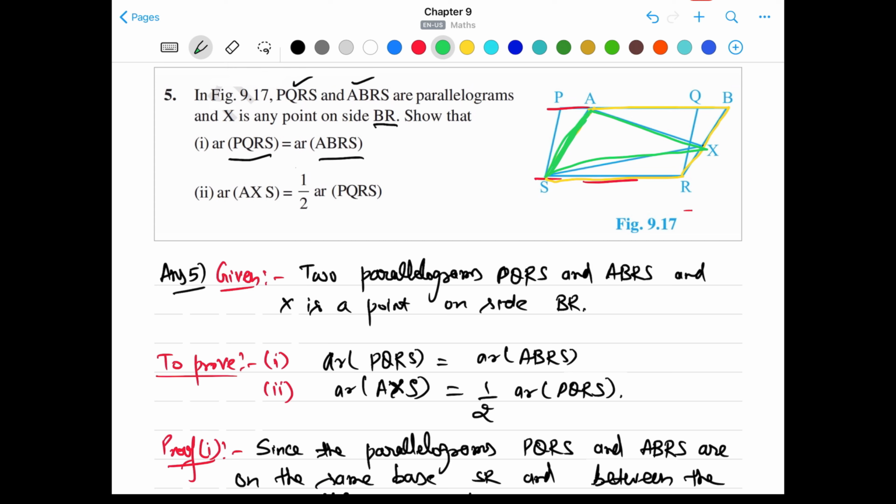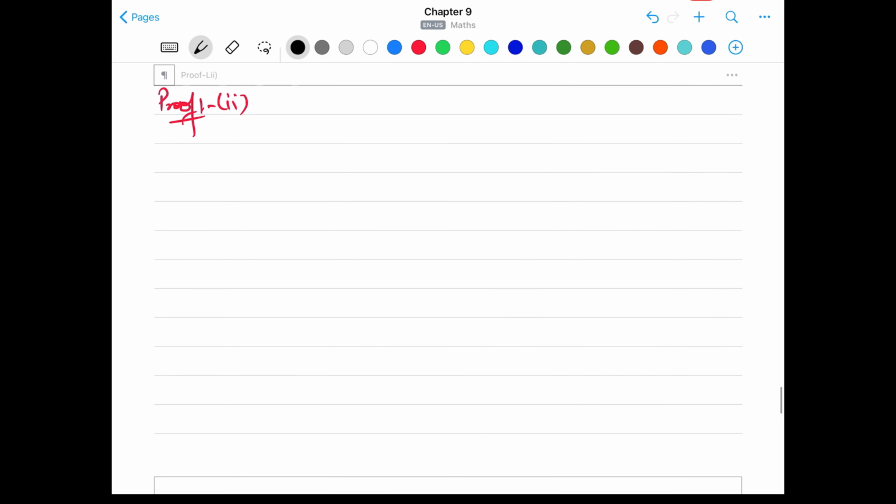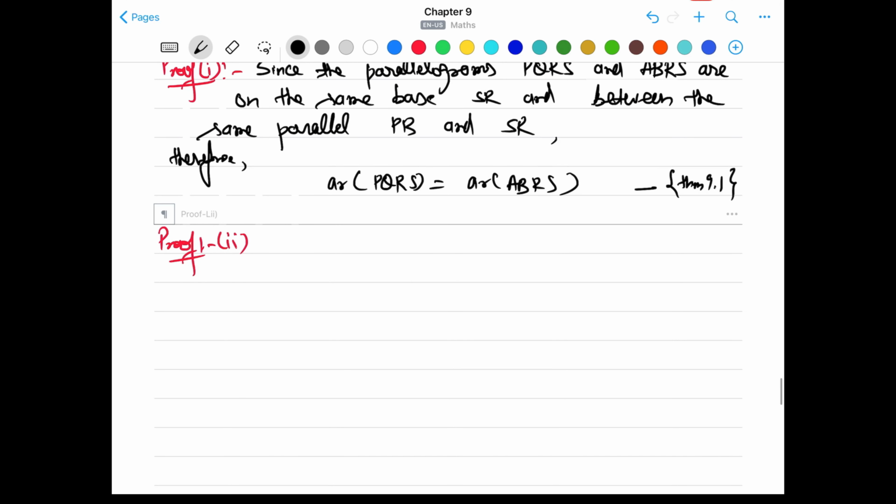For both figures there is a common base, which is AS, and they lie between the same parallel lines, AS and PR. Therefore the area of the triangle will be equal to half the area of the parallelogram.